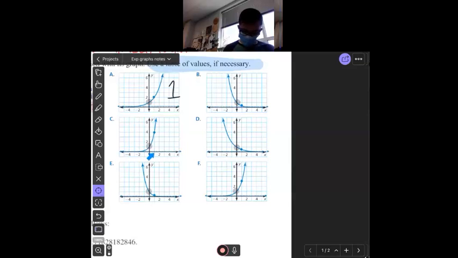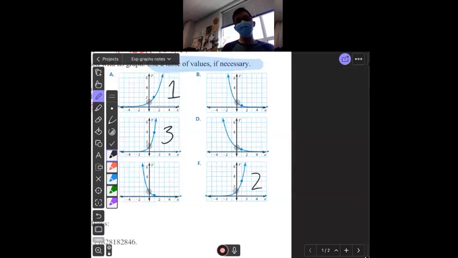Next one, 1, 4. Ooh, 1, 4, that was number 3. That's definitely not 3. 1, 3. Oh, that was number 2. So we were able to use that one point to figure out which graph it was.